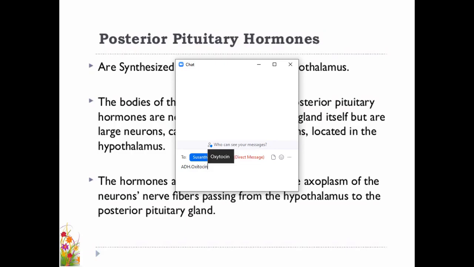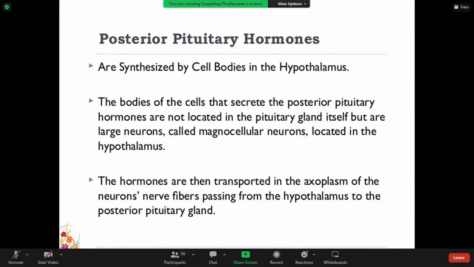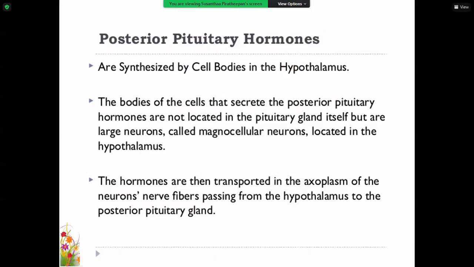Here, the posterior pituitary hormones are synthesized by cell bodies in the hypothalamus. Okay, I already said, the posterior pituitary hormones are synthesized by the hypothalamus and released by the posterior pituitary gland.